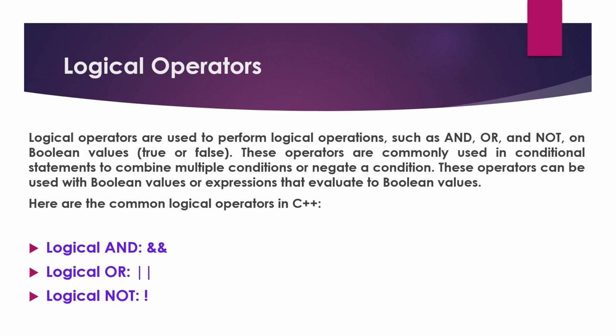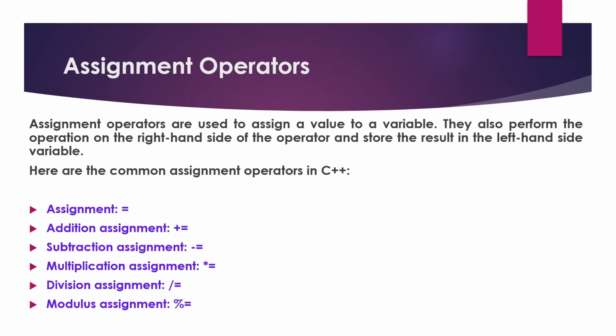Fine. Now after this, we have the assignment operators. So what are assignment operators? As simple as that, guys. Whenever we are assigning any value to a variable, it is called the assignment operator. The first assignment operator that we have is the equal sign that you can see here, because equal assigns a value to a variable.